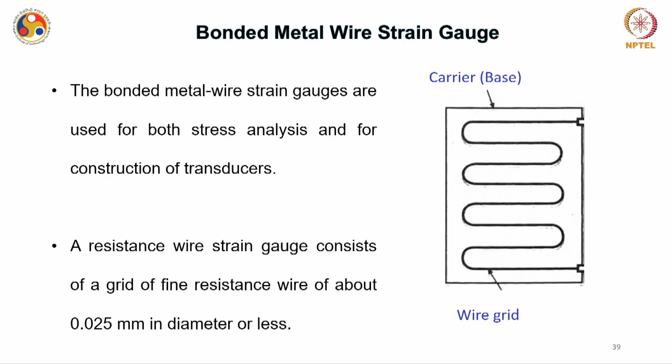Alright. So, if you see, what you have done is you have glued this wire grid to the carrier base, and by measuring any change in the resistance, you are calculating the strain or say applied pressure on it. Okay. Similarly, in place of wires, you can also have thin films. There are a number of ways to coat a very conformal thin film of metals like nickel and so on.